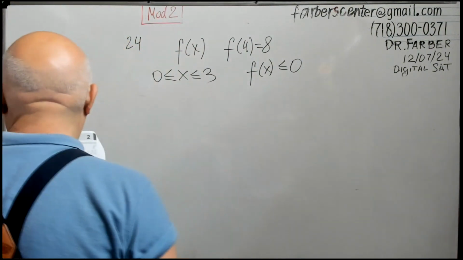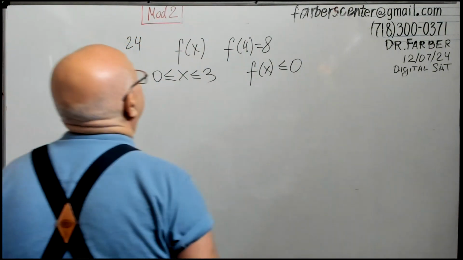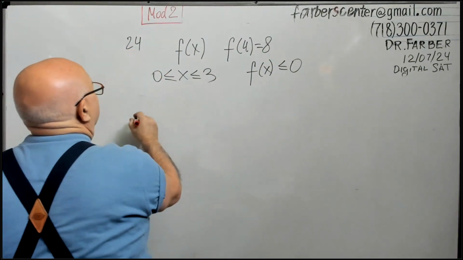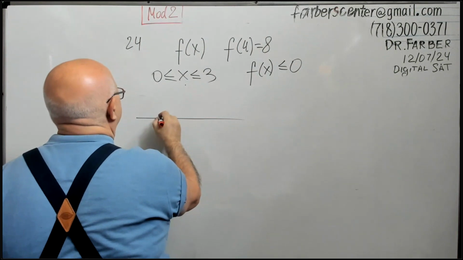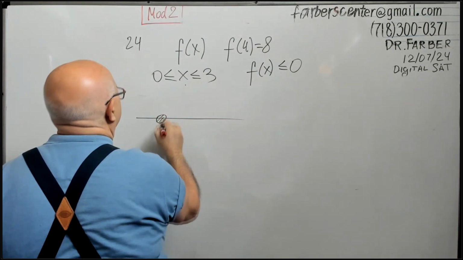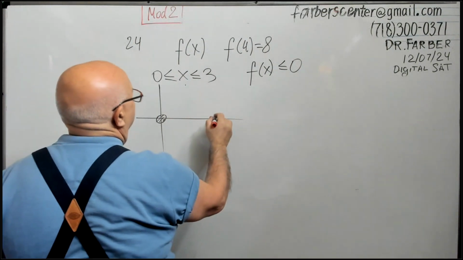Read the following, define f. Pretend I have Cartesian coordinates somehow. And this is 0, and this is 3.